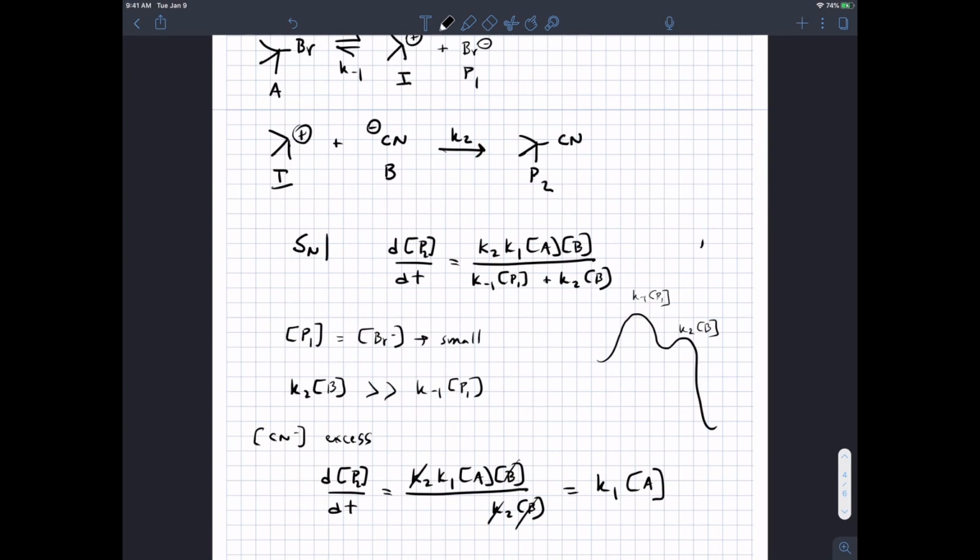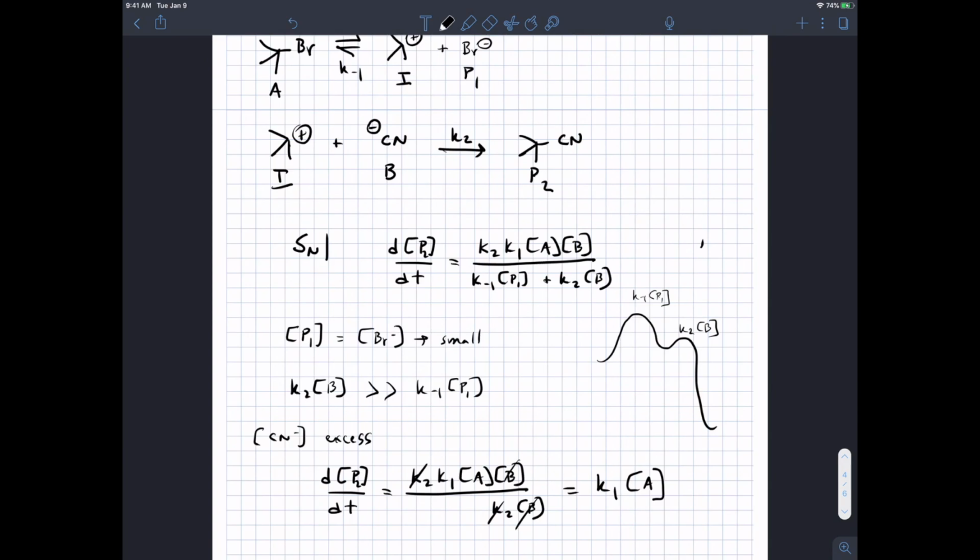So if you've ever wondered why in the SN1 reaction, even though the product involves cyanide, you're basically told you don't even have to have cyanide there to get product, the answer is, of course you have to have cyanide there, and of course cyanide is part of the rate law. It's just that the reverse rate of the reaction from the intermediate to starting material is small, and the rate of the forward reaction from intermediate with cyanide to product is fast enough that the cyanide terms cancel out of the equation entirely.